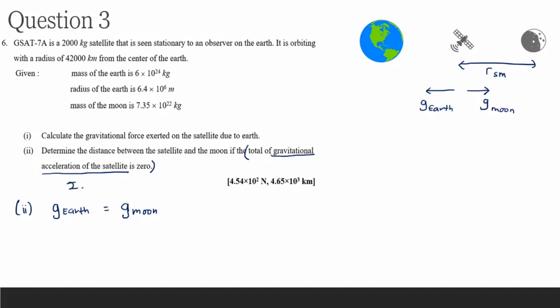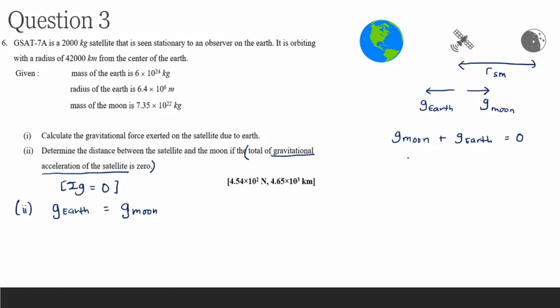Dan dia kata kat sini total gravitational acceleration of the satellite is 0. So total G is equal to 0. Bila total G equal to 0, maksudnya G Moon plus G Earth is equal to 0. Okay, tengok direction ya. Ini adalah vector. So the convention that we use is to the right positive, to the left negative.